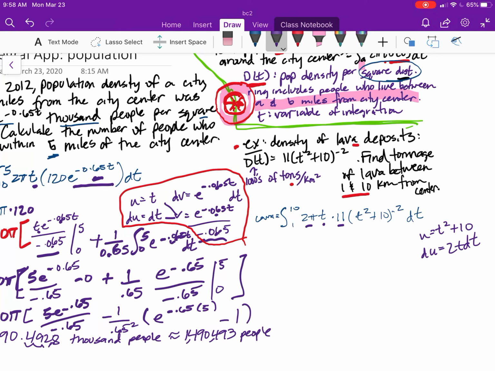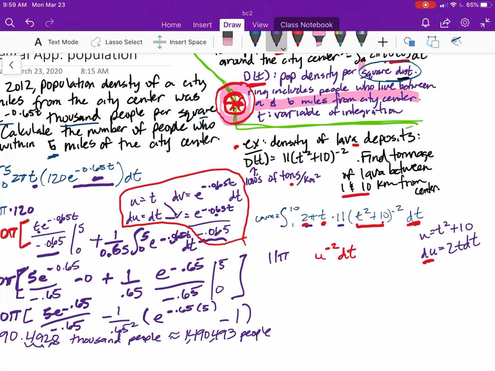Well, in that case, I have 2 and t and dt. So there's my du. And then all of this here is just u to the negative 2. So what did we not use is the 11 and the pi, right? So let's just pull 11 pi out.